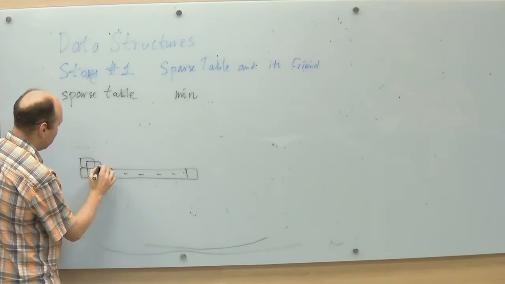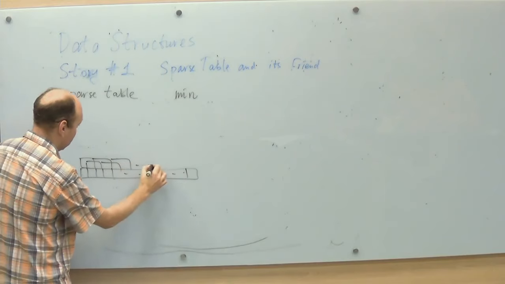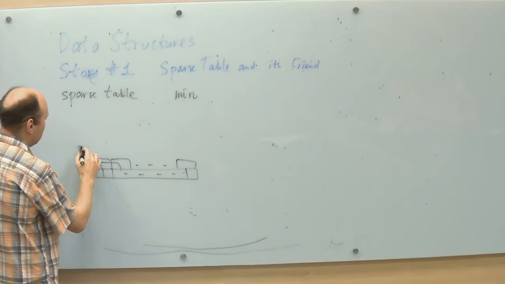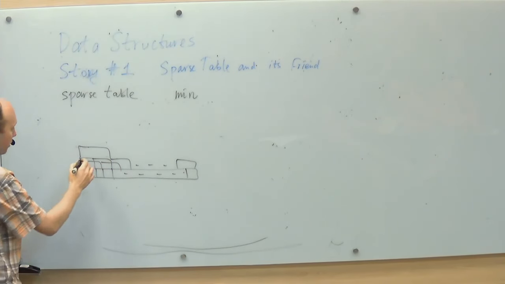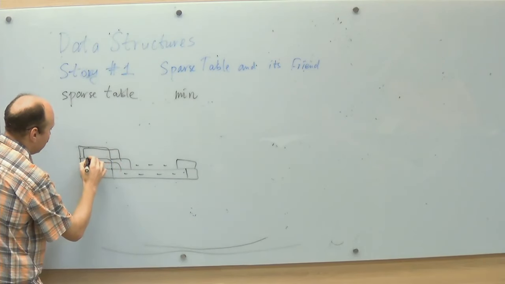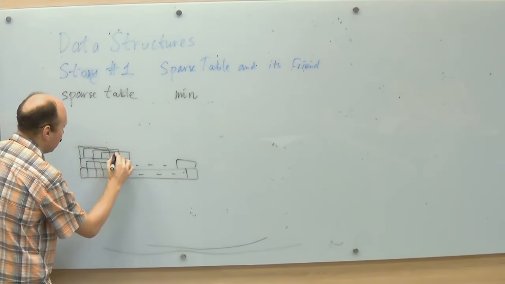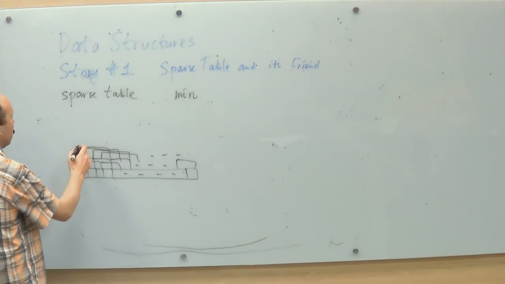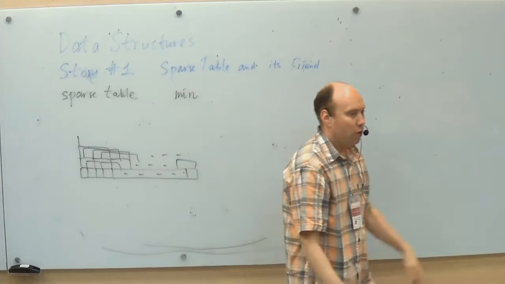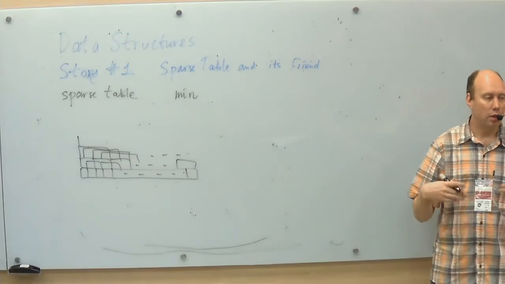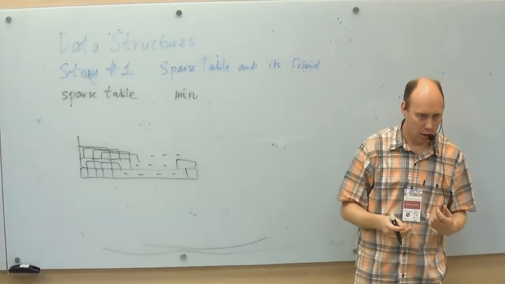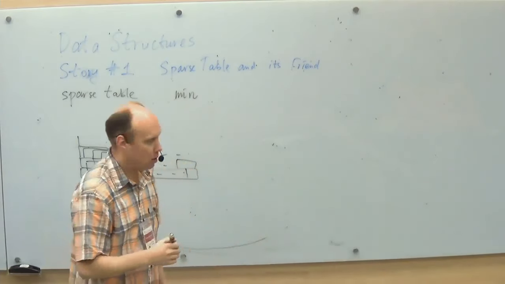So this one, this one, this one, this one, this one. Then again, all four element segments. So they are overlapping, and so on. Now 8 element segments and so on. For every segment, we will calculate the value of our operation, say minimum, for this segment. And that is our sparse table.